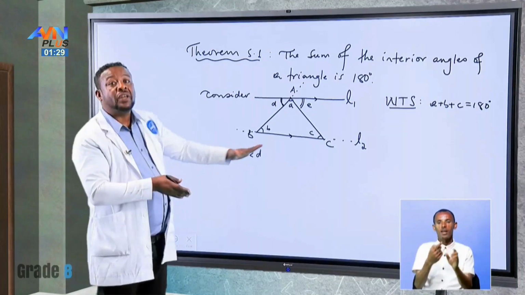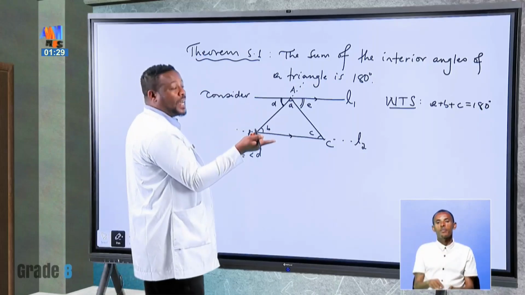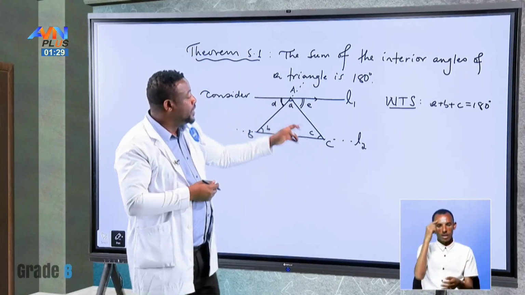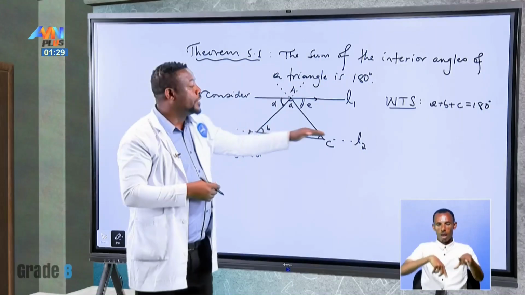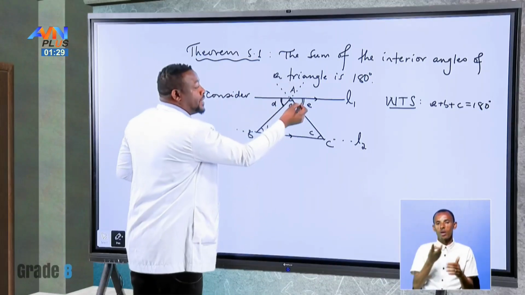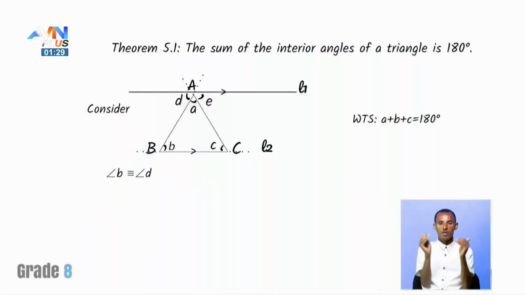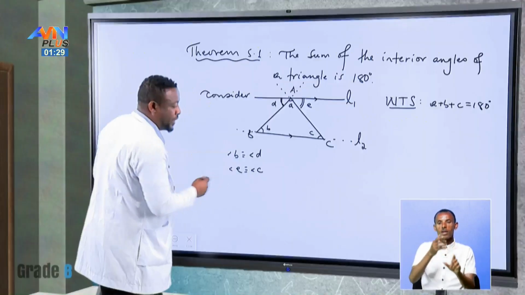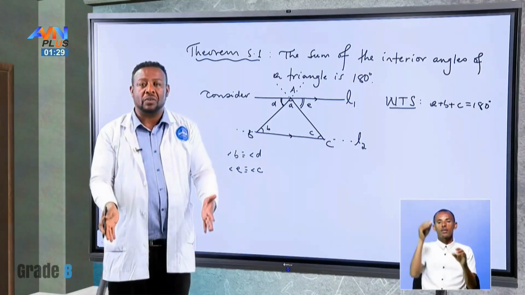The other fact is, if you consider AC as a transversal line for the two parallel lines, then angle E and angle C are congruent by the same reasoning, alternate interior angles are congruent.